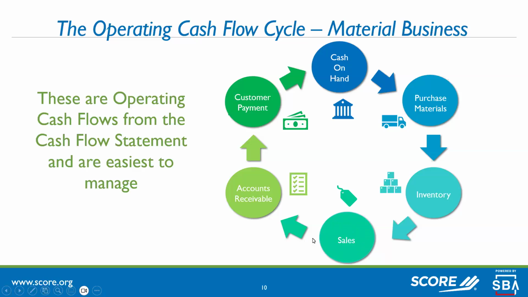And then again, depending on the type of business, you may collect the cash right away, or you may have an accounts receivable that you have to wait on. If you have an accounts receivable, then you have to wait for the customer payment, and then that cash goes into the bank. So each step in this operating cycle is a different step of how the cash can be managed, and we'll talk about that a little bit more. But these are the cash inflows and outflows that we just talked about related to the cash flow statement.